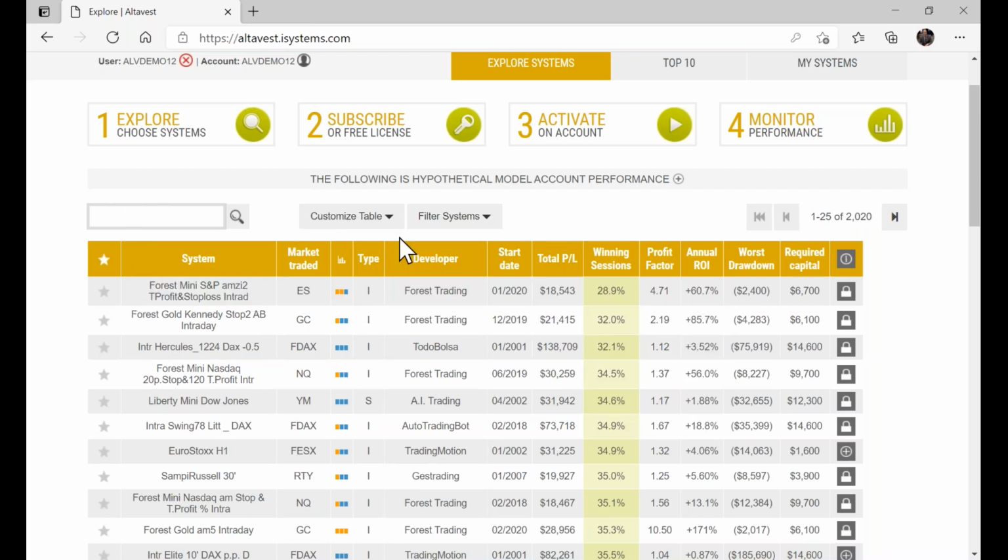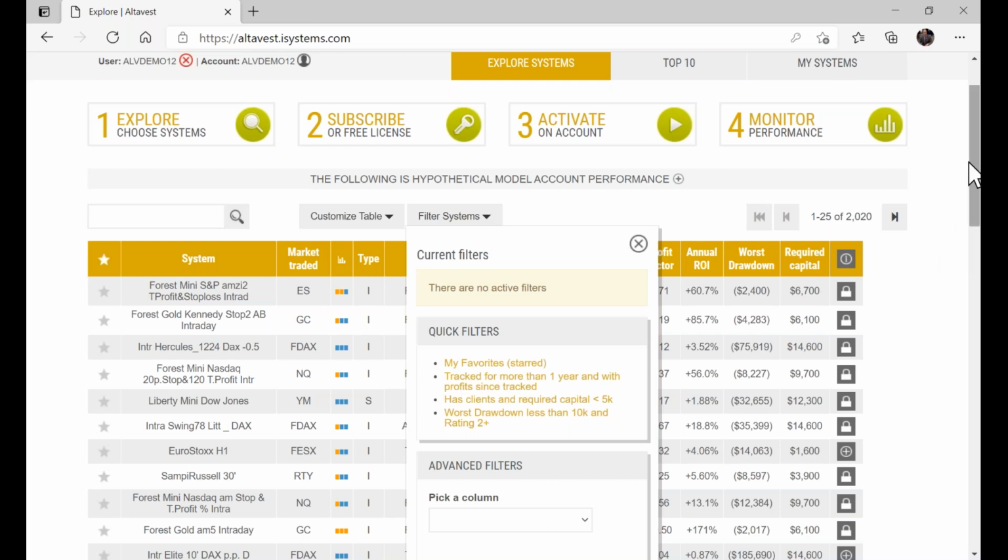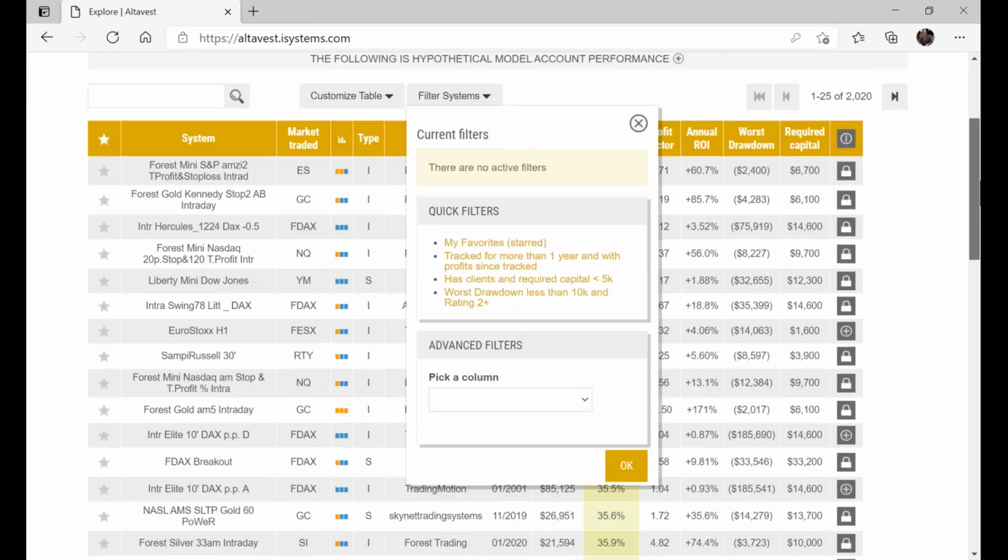just with this field, or the most powerful tool here, and this is really where you're going to spend some time, and this is really the most fun, I think, is the filtering. So you'll notice there are some default settings or quick filters here. And this one, for example, all systems that have been tracked on this platform for more than 1 year, and they are profitable.